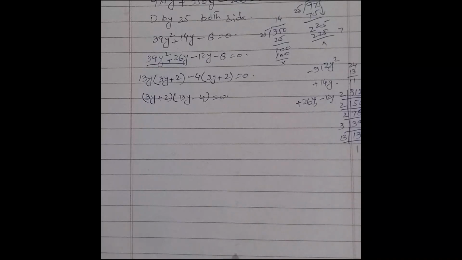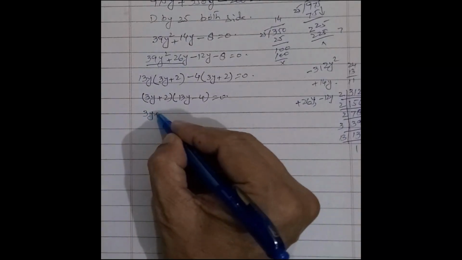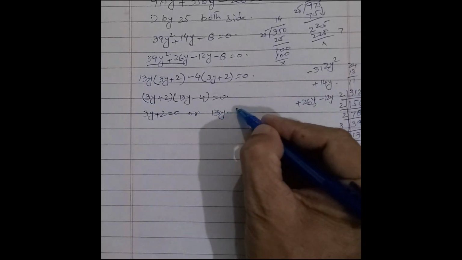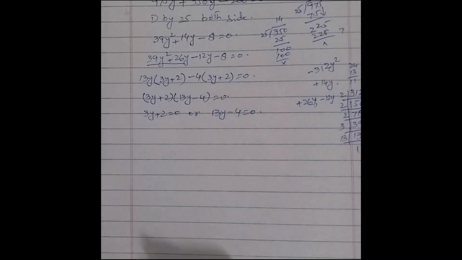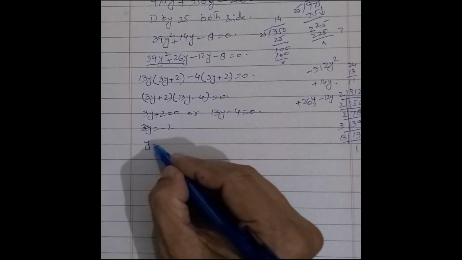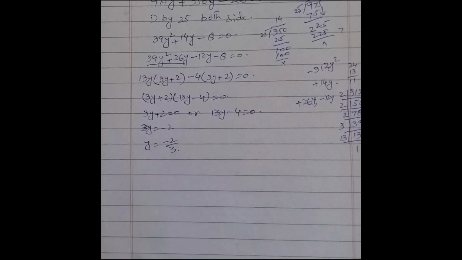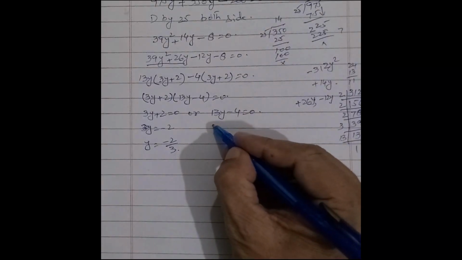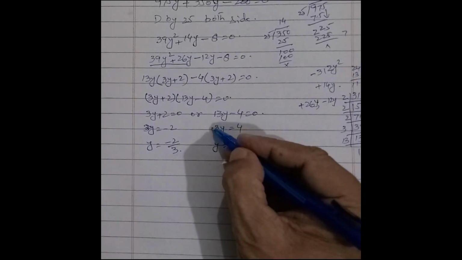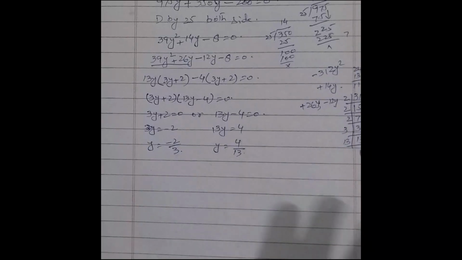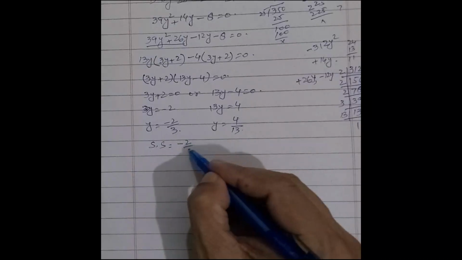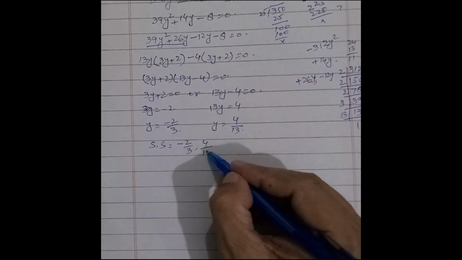Now we find the value of y. 3y plus 2 is equal to 0, or 13y minus 4 is equal to 0. It is 3y is equal to minus 2 and y is equal to minus 2 over 3. The second value is 13y is equal to 4, and y is equal to 4 over 13. Hence, the solution set of this question is minus 2 over 3 and 4 over 13.